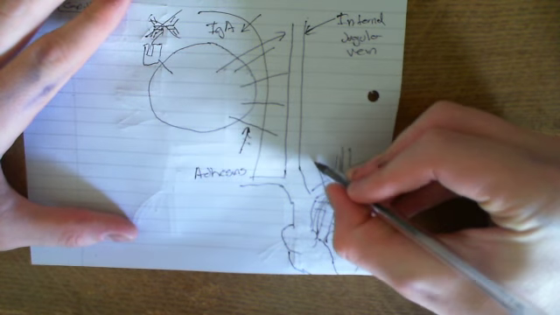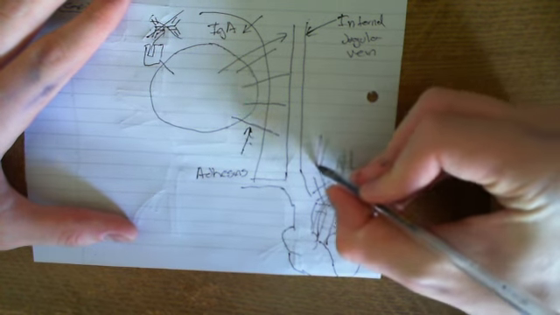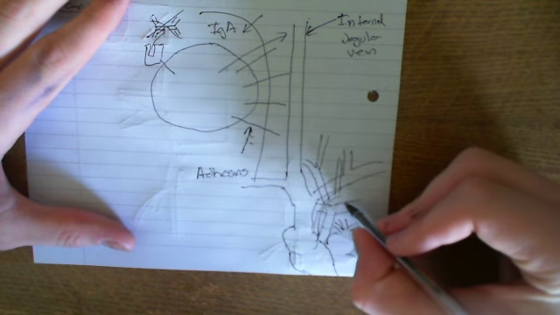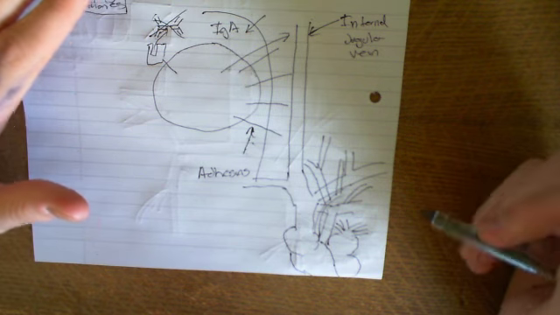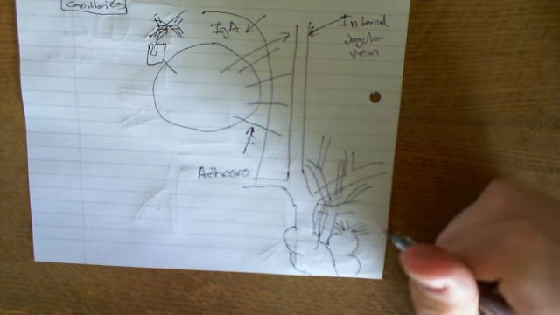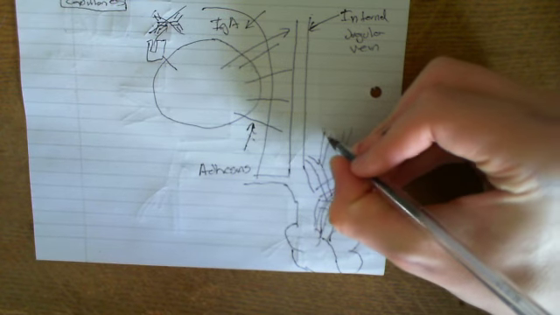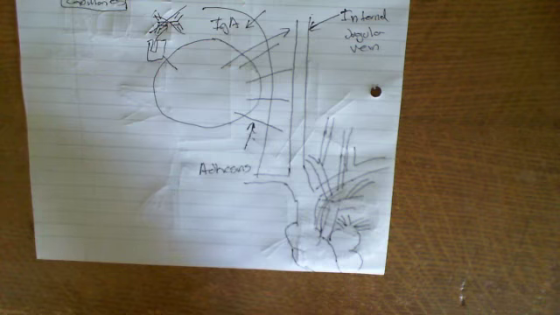The first branch is the brachiocephalic artery, which splits into the right common carotid and the right subclavian artery, and then obviously you have the left subclavian artery coming off last. And then these common carotids go up, and they split into the external carotids and the internal carotid arteries. So I'll get another piece of paper.